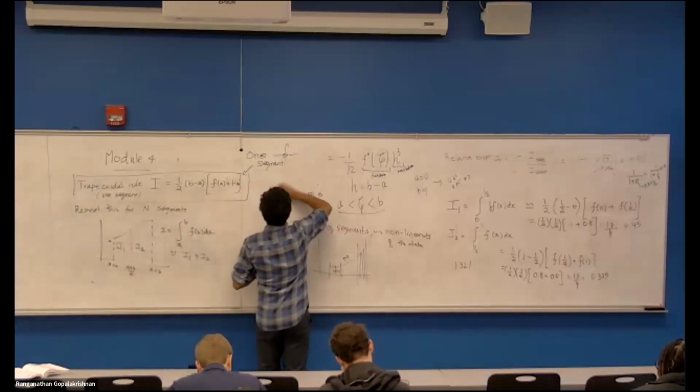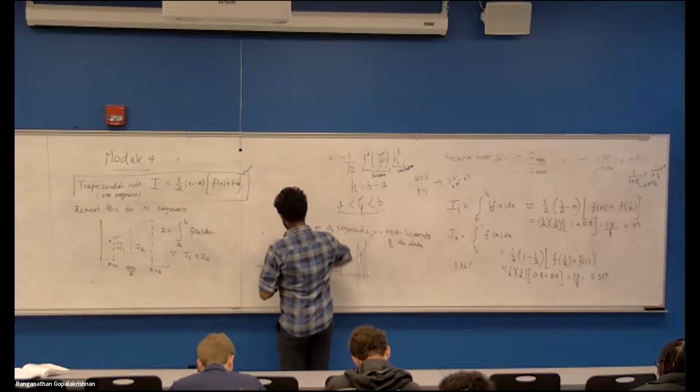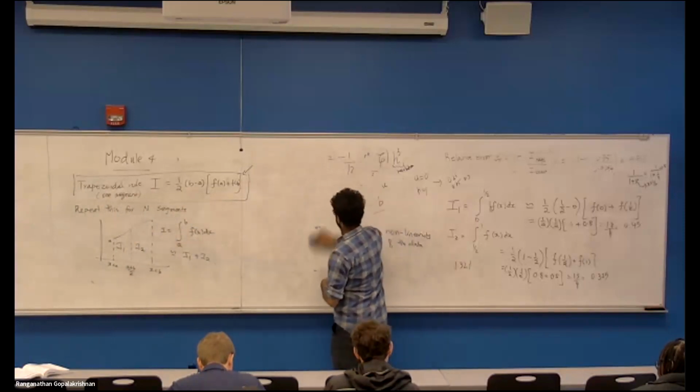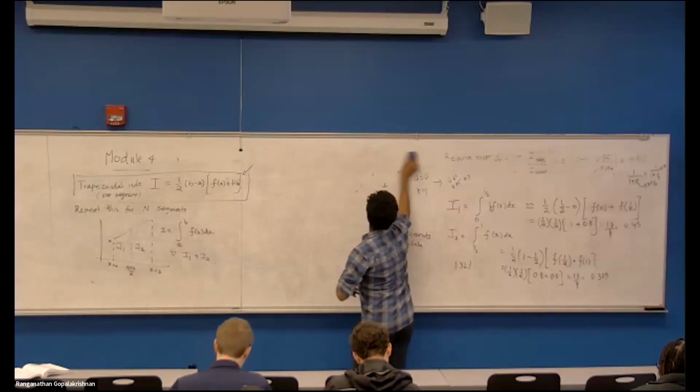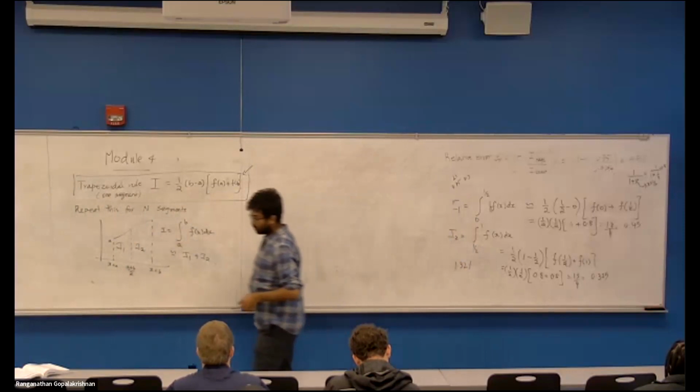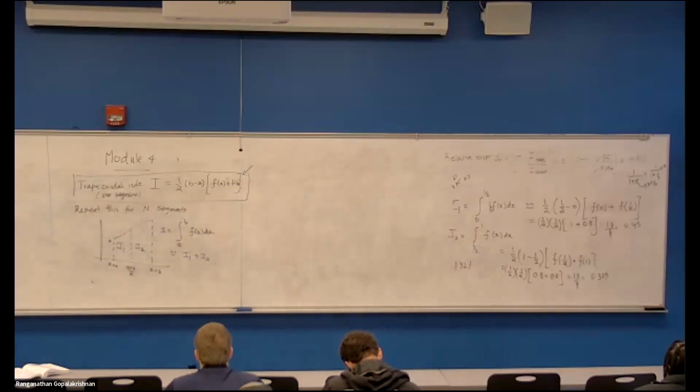So what is I1? The interval bounds are from a to a plus b over 2, correct?